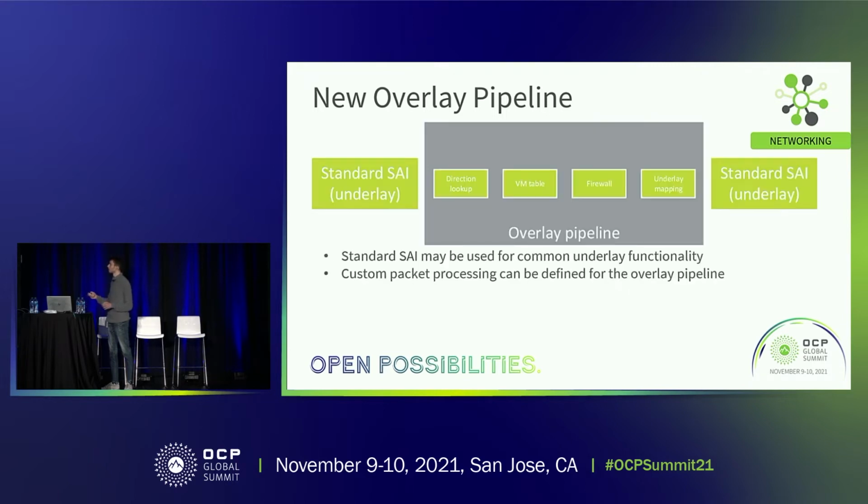So looking at the slide before, we may come up with some new entities and new abstractions for the DPU, which are more host-oriented, like, for example, a definition of the VM, so we can perform our operations in the context of the VM. It could be direction aware, so we can also define some direction lookups and then different ordering of the tables, some other stuff, map it to the underlay, and so on.